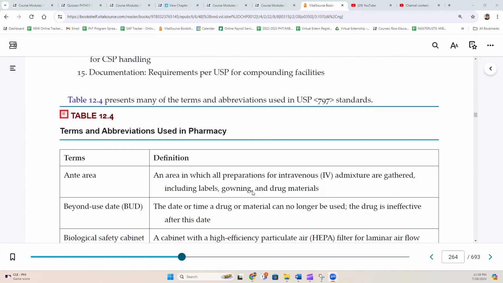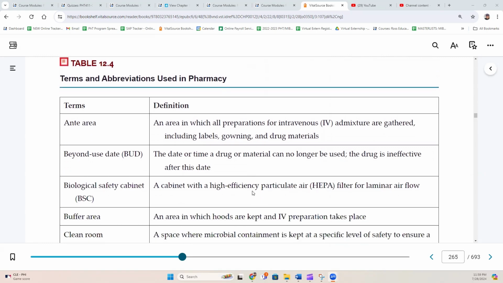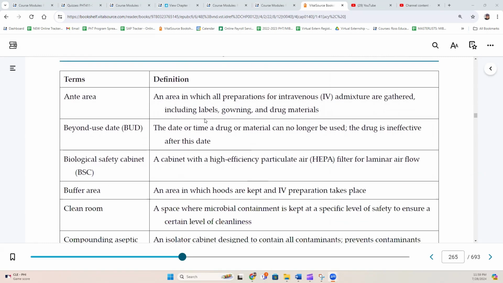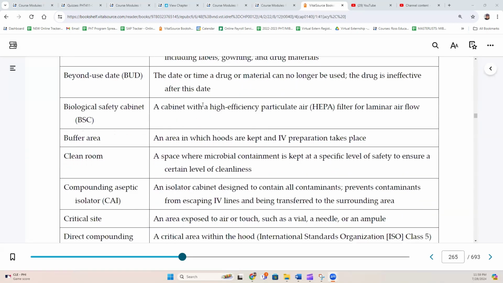12.4 is terms and abbreviations used in the pharmacy related to 797 standards. So we have the ante-area, an area in which all preparations for intravenous admixture are gathered, including labels, gowning, and drug materials. Beyond use date, the date or time a drug or material can be no longer used. The drug is ineffective after this date.